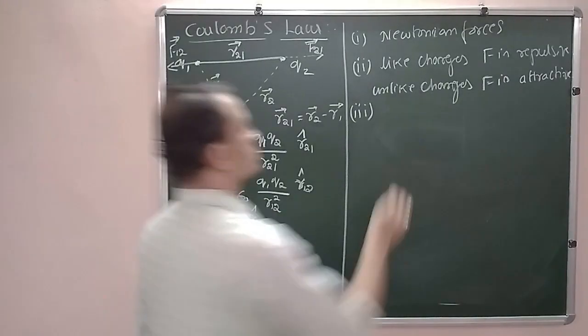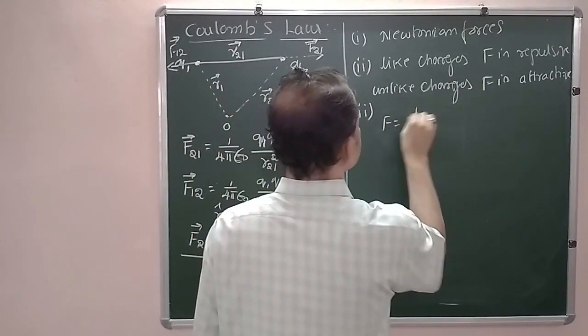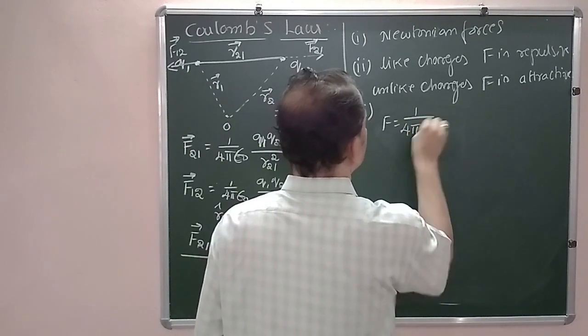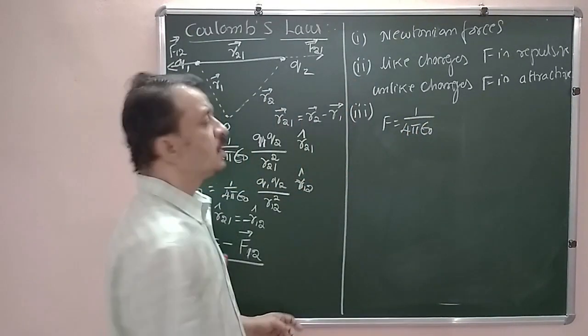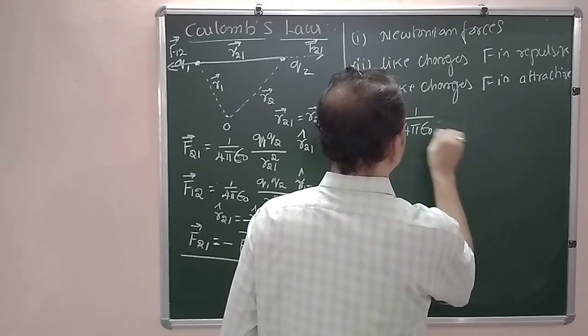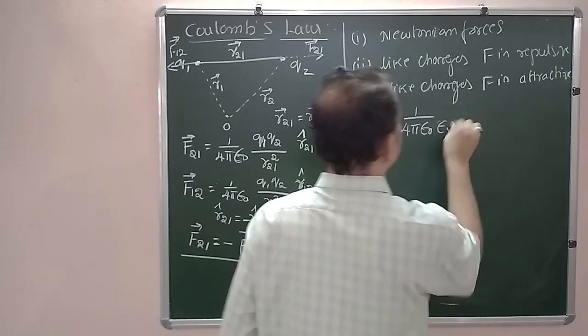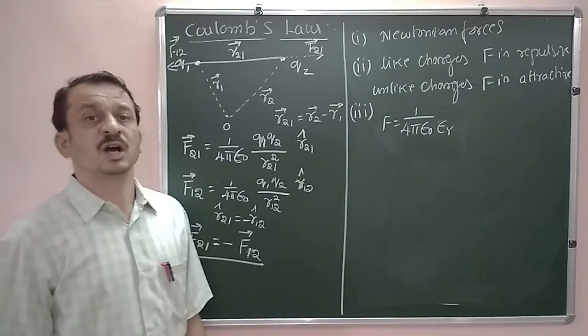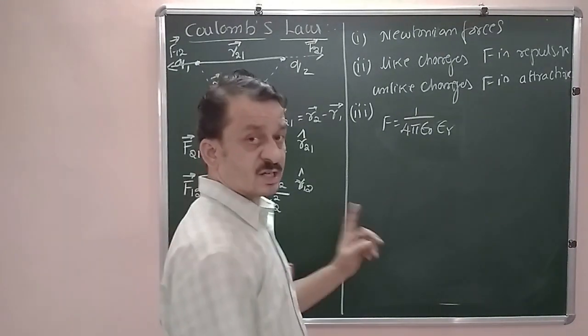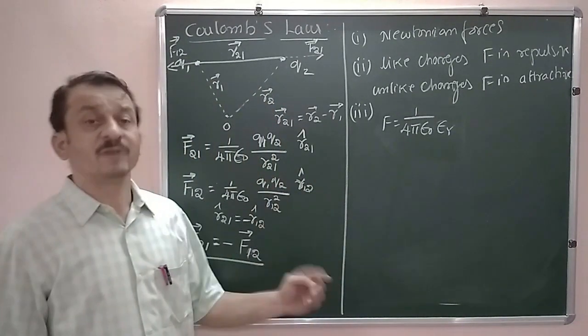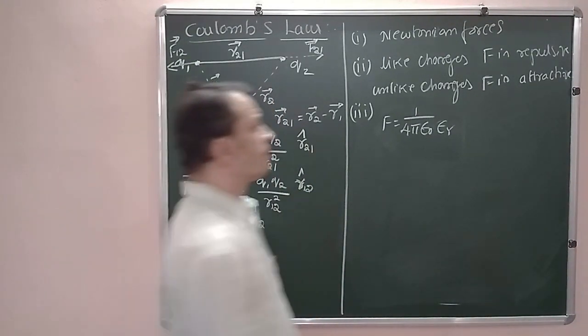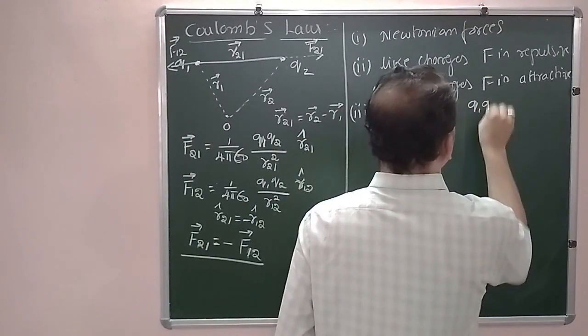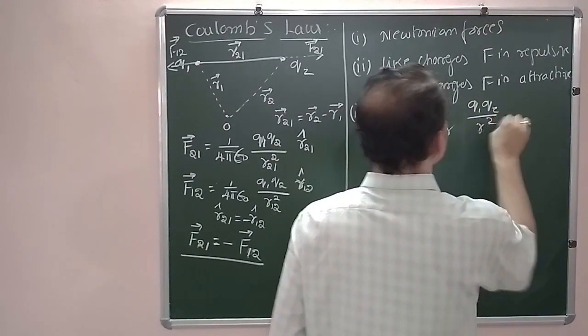then the magnitude of force is given by F is equal to 1 divided by 4 pi epsilon naught. Along with the epsilon naught, I have to introduce one more term called epsilon r, that is relative permittivity of the medium, and the rest of the thing is same, q1 q2 divided by r square.